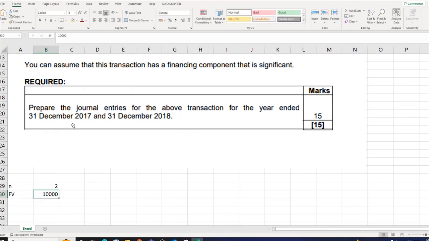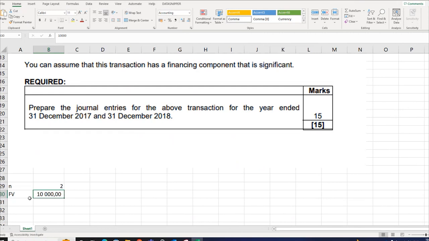And just as we said now, the discount rate that we're going to use will be the one that reflects the customer's credit risk, which is 12%. And then we need to work out our present value. How much would the customer have paid had this been a cash transaction? How much is that 10,000 Rand worth today?